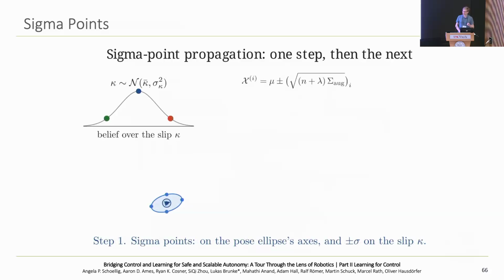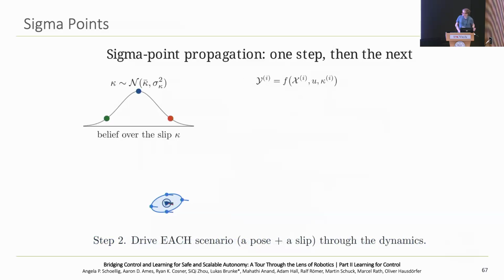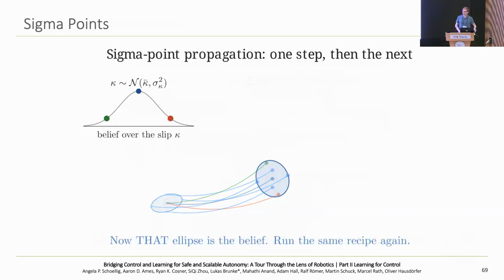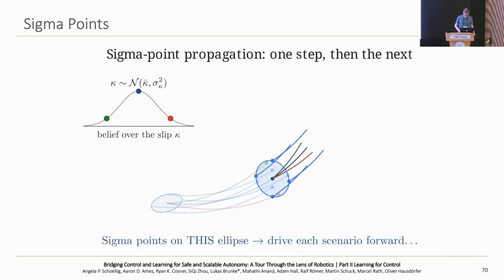These are specific points that we can sample, and then we take each of these points and roll out the dynamics from this exact sample. If you do this over a time step delta t, you get new points in the state space. And then we can fit a new Gaussian around these points. And so we can do this over and over again to propagate the uncertainty further into the future.